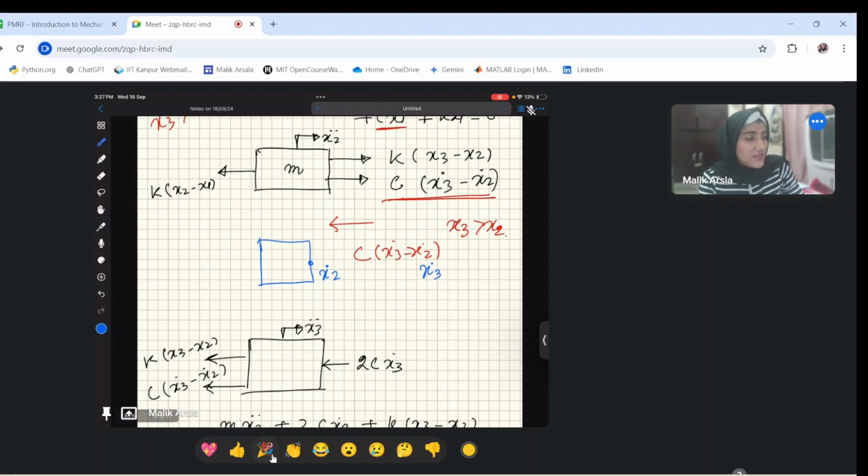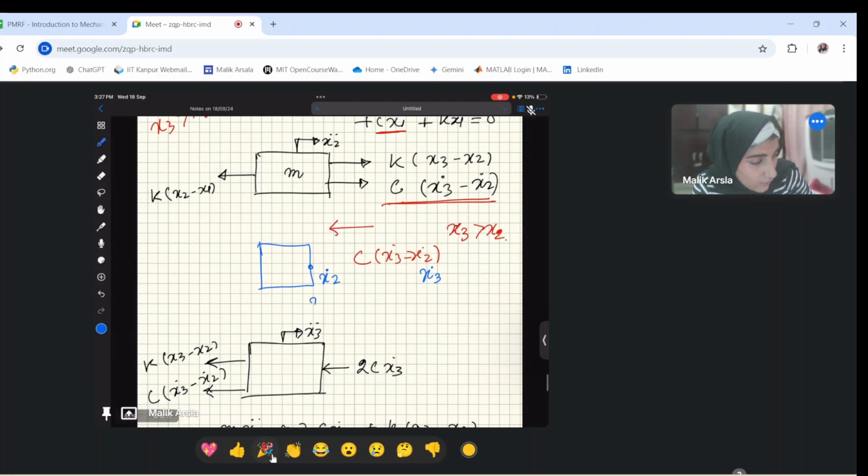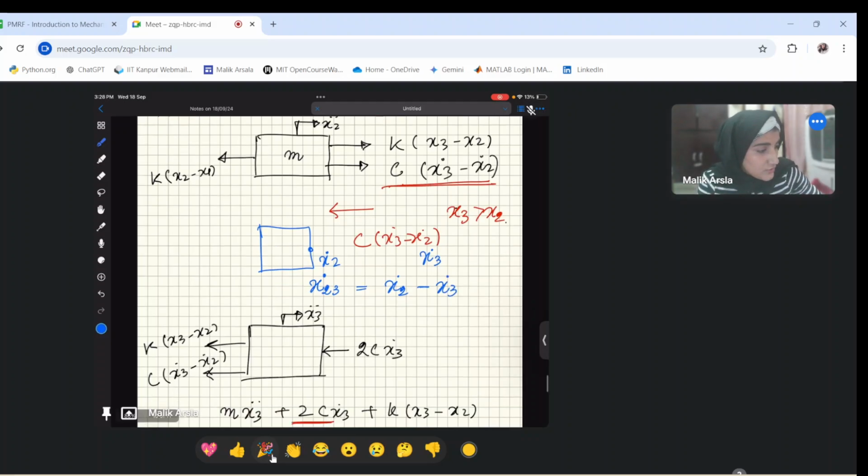Now the definition says that the damping force is in the direction opposite to the relative velocity. So if I write the relative velocity of point 2 with respect to point 3, it will be equal to velocity of point 2 minus velocity of point 3, right? So this will be the relative velocity.